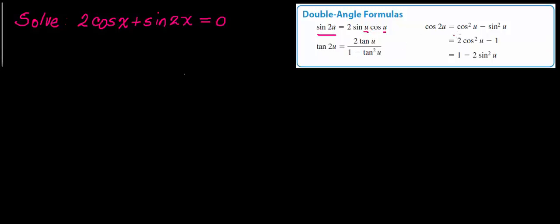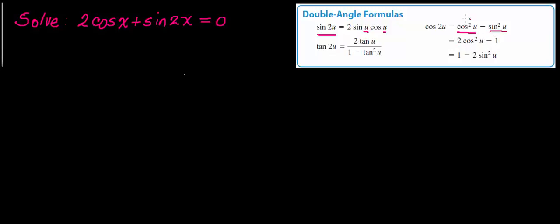We have sine, cosine, and tangent. Notice that the cosine of 2u has three different ways of being rewritten. That's because the general form here, cosine squared minus sine squared, I can change sine squared into 1 minus cosine squared and then collect the like terms and simplify the expression, and that's how you get this expression here.